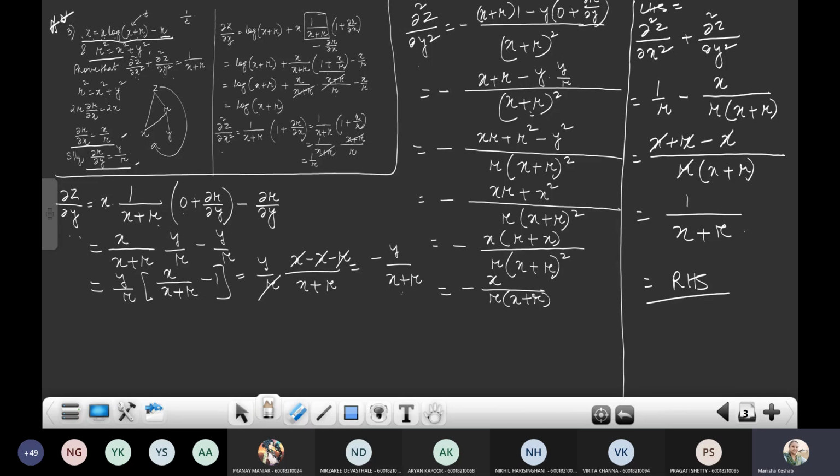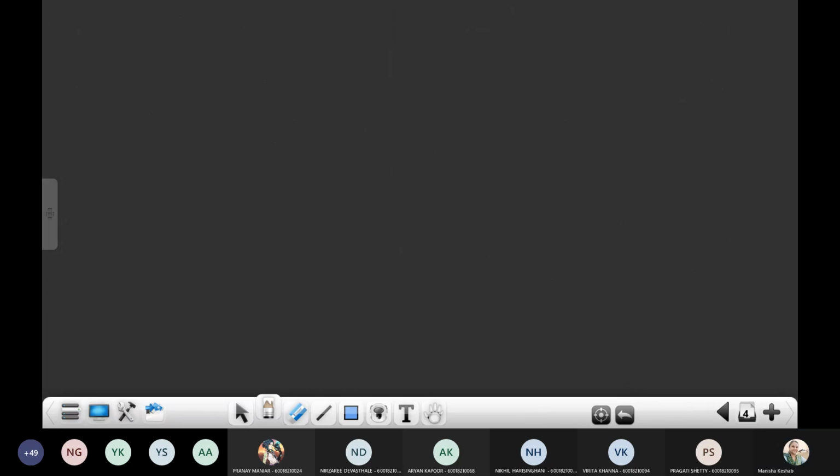Okay, so then next we will find out, if u is equal to f of x square plus 2y square, comma y square plus 2z.